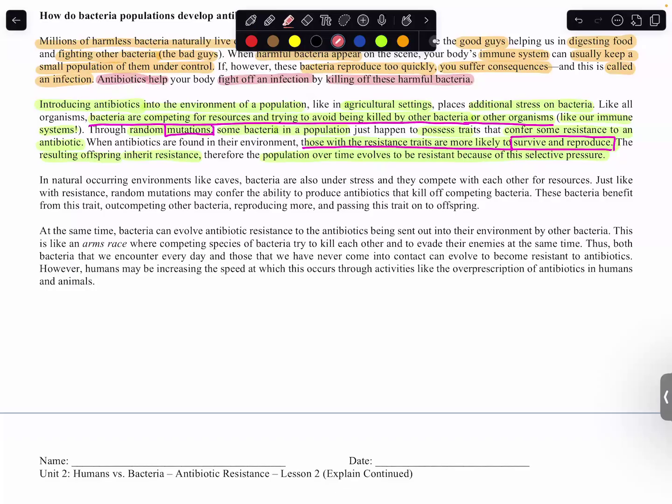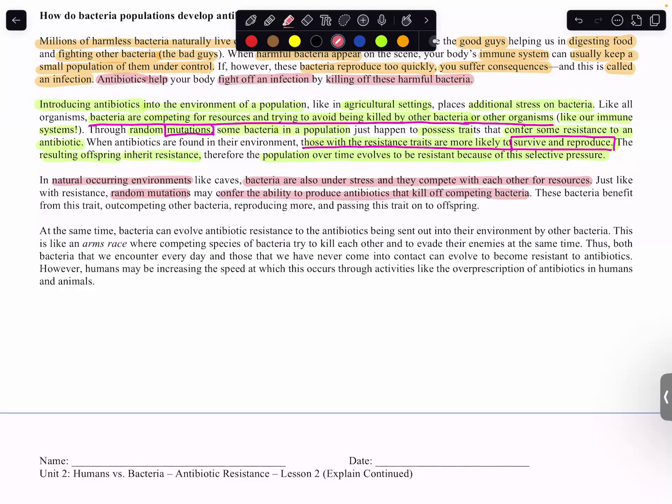Let's continue. In naturally occurring environments like caves, bacteria are also under stress and they compete with others for resources. Just like with resistance, random mutations may confer the ability to produce antibiotics to kill off competing bacteria.